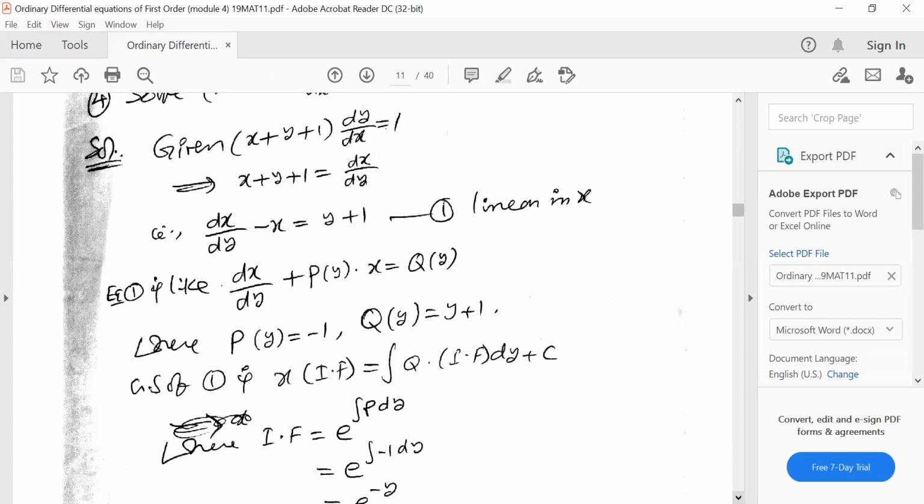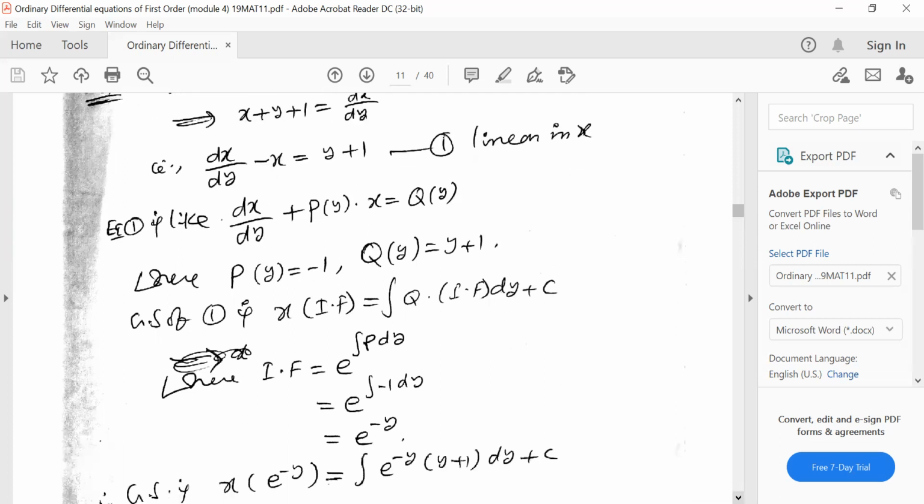So IF is e power integral p dy, because it is linear in x, so the variables will change. It is e power integral p dy we should do. So p is minus 1. See here it need not be a function of y, means we need not search for a function of y. Even 1 is also a function of y only.